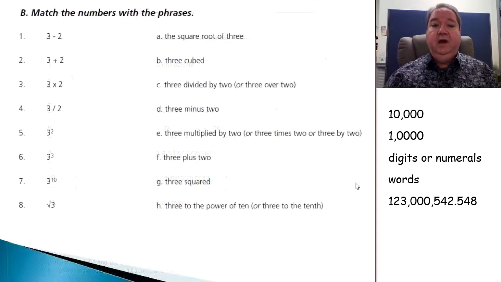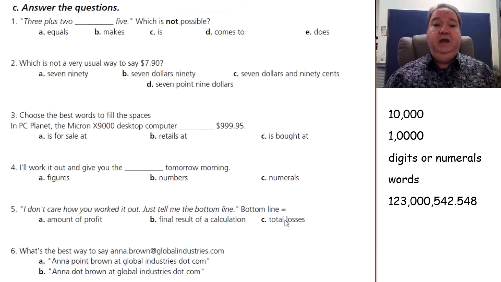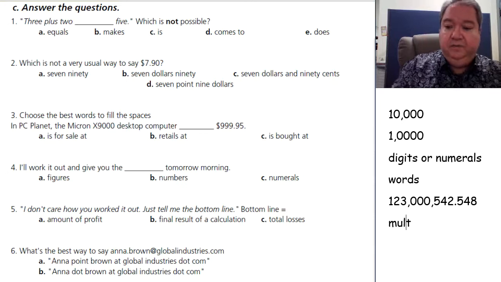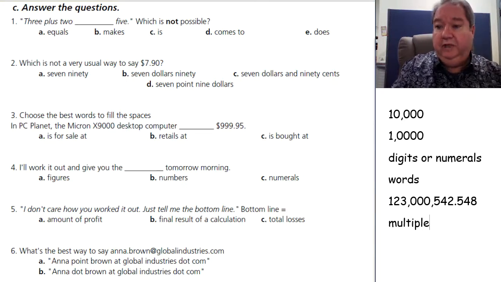Okay. Part B, it's also matching some mathematical expressions with the words that describe them. And then Part C, which is the second page, has some multiple choice questions. We call these multiple choice, which means there's more than one choice. Multiple means more than one.